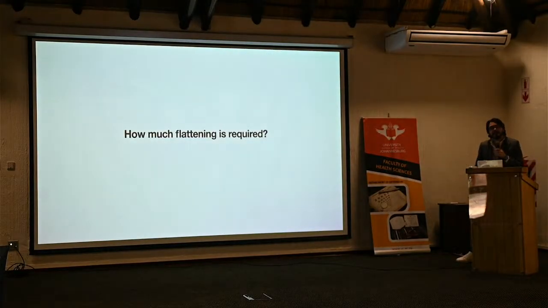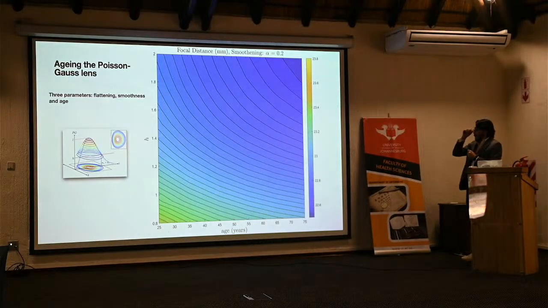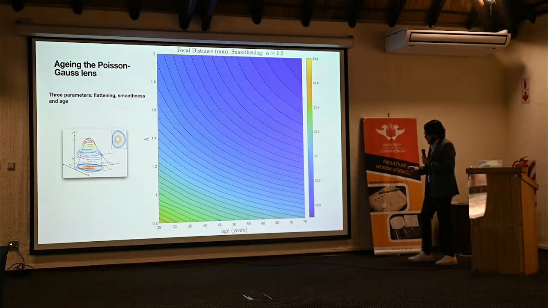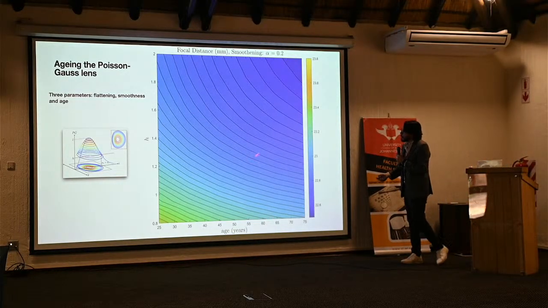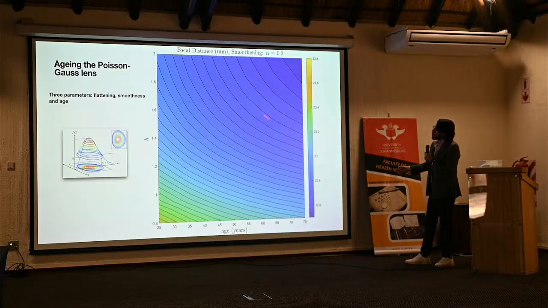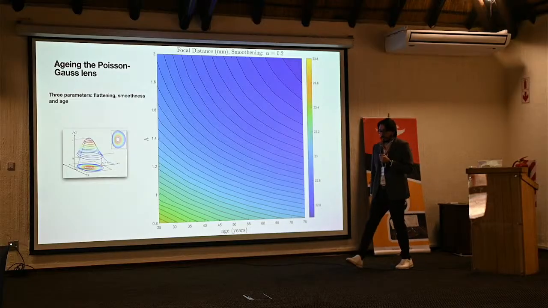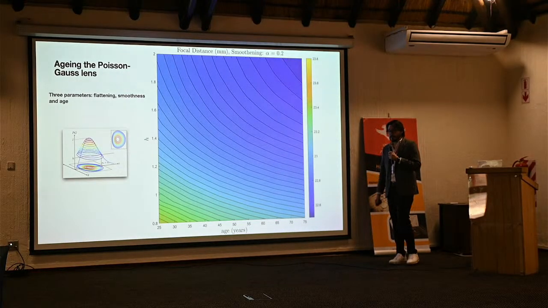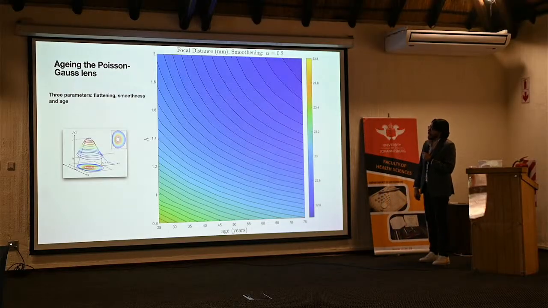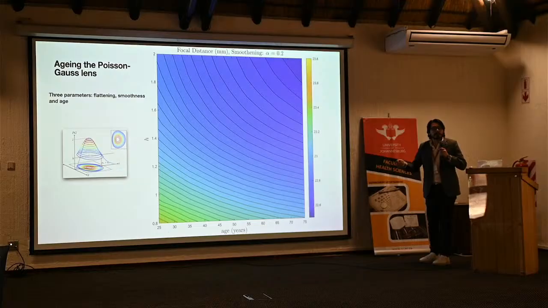But how much flattening is required? Well, here you can see a color map, which is obtained by ray tracing with a code that we have developed at Tec de Monterrey with my undergrad students and my master student. So it is a kind of white box which ray traces in MATLAB.